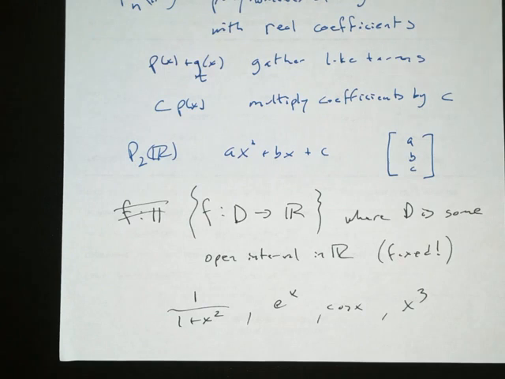How do you multiply e to the x by 2? Well, you just multiply all the y values by 2. How do you gather like terms? Well, I just combine whatever I can, right? If I've got 2 cosines, I'll glue them together. If not, I'll just stack them all up with plus signs between them. That's addition of functions. That's our operation of adding. It works perfectly.